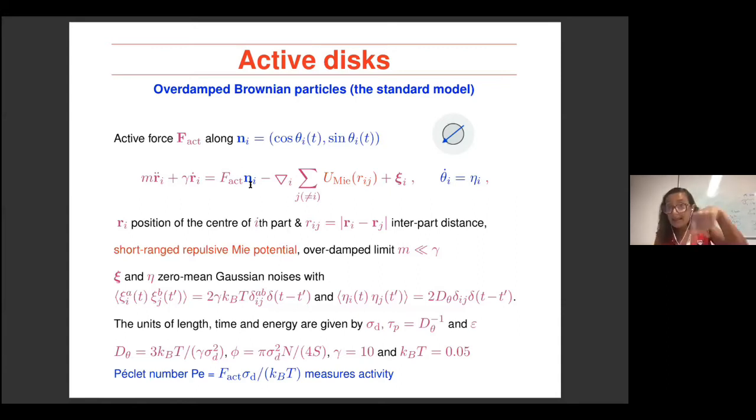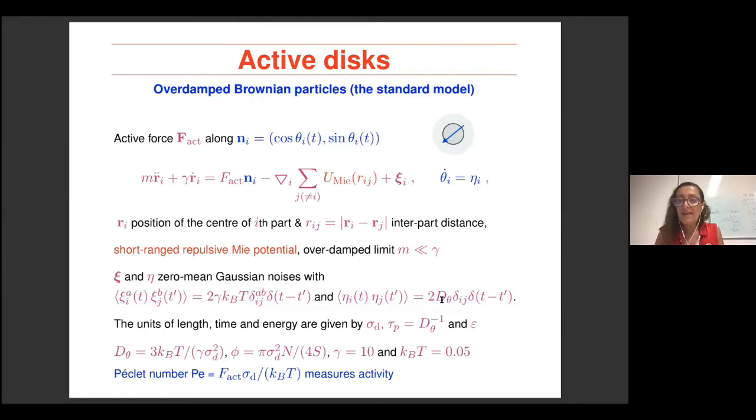But then, as I said, the angular direction of the particles is also changing, and usually in these models you model this by just noise. So overdamped motion with some other noise, rotational noise, eta, which is delta correlated like this.